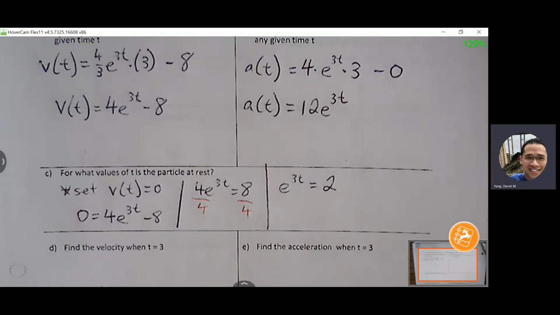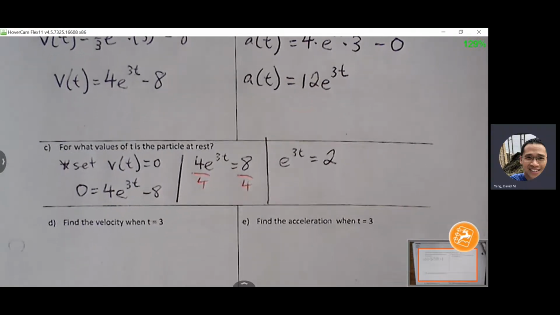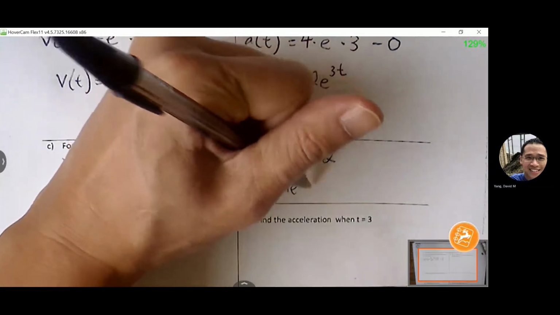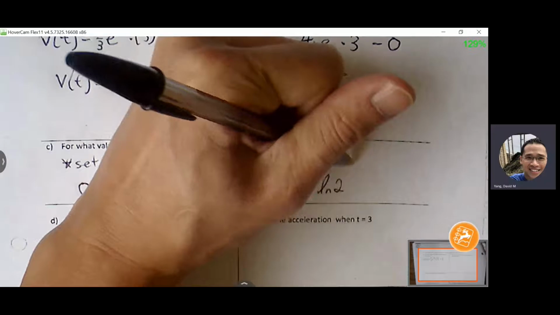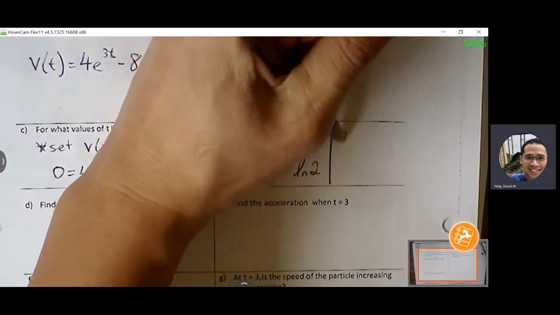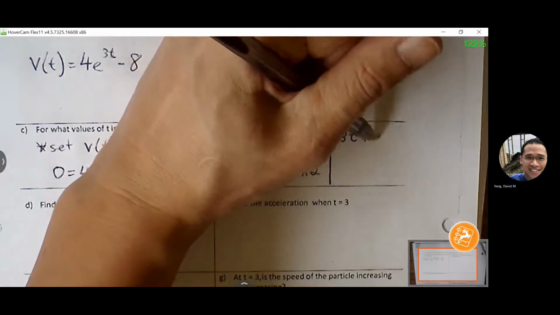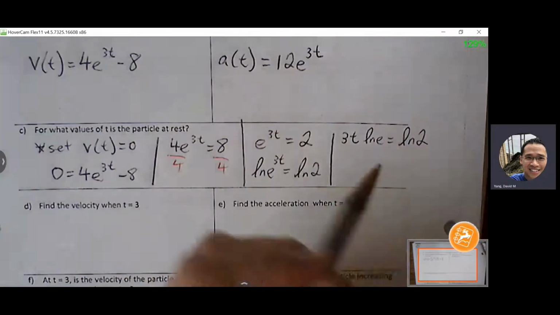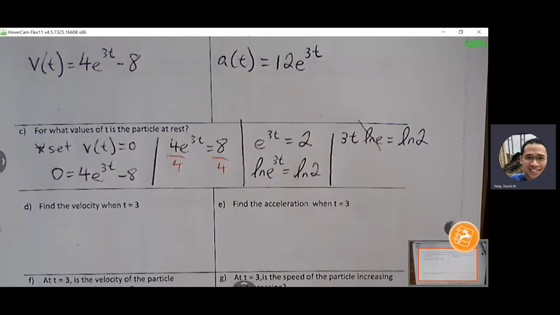Prefer to bring it down, but what should we do if we want to bring it down? Yeah, we got to have part of a log expression, right? Because once we're inside a log expression, exponents can be free to move. 3t comes down in front. Natural log of e we know just is 1, so that goes away. Solve for t.